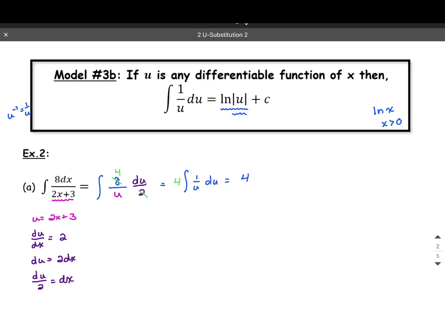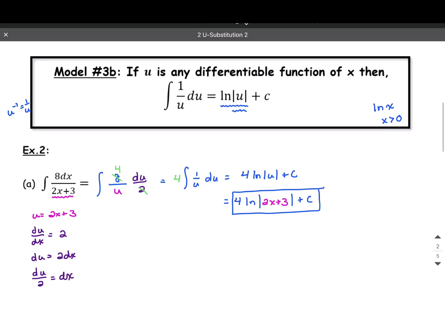So that's 4 times the antiderivative of 1 over u, which is the natural log of the absolute value of u plus c. So this is 4 times the natural log of the absolute value of 2x plus 3 plus c. And there's the answer to that integral we have evaluated.